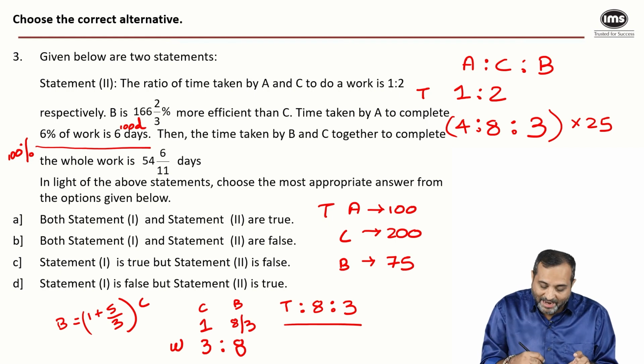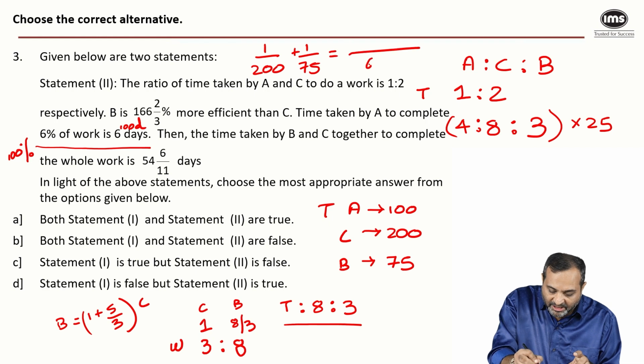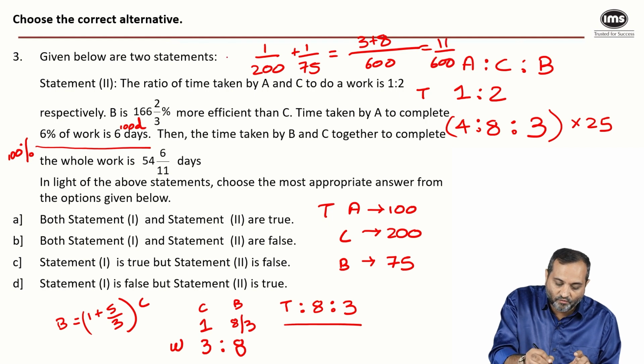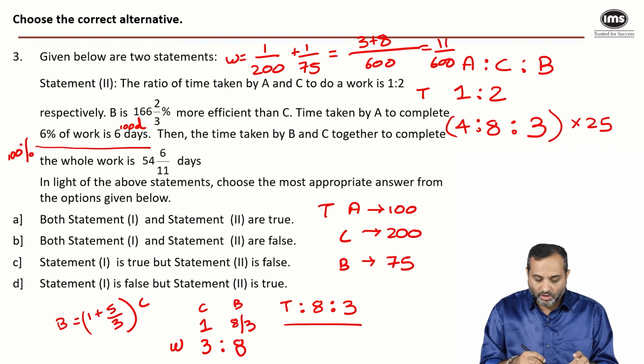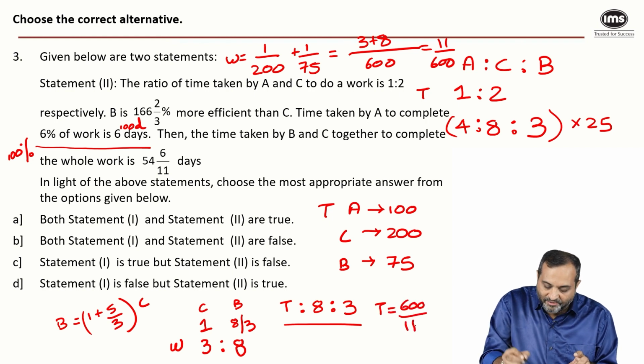So can you find out time taken by B and C now? I simply need to do 1/200 plus 1/75. My LCM is 600. So 3 plus 8, this is 11 by 600. This is work done. So time taken, can I say, will therefore become 600 by 11 days.